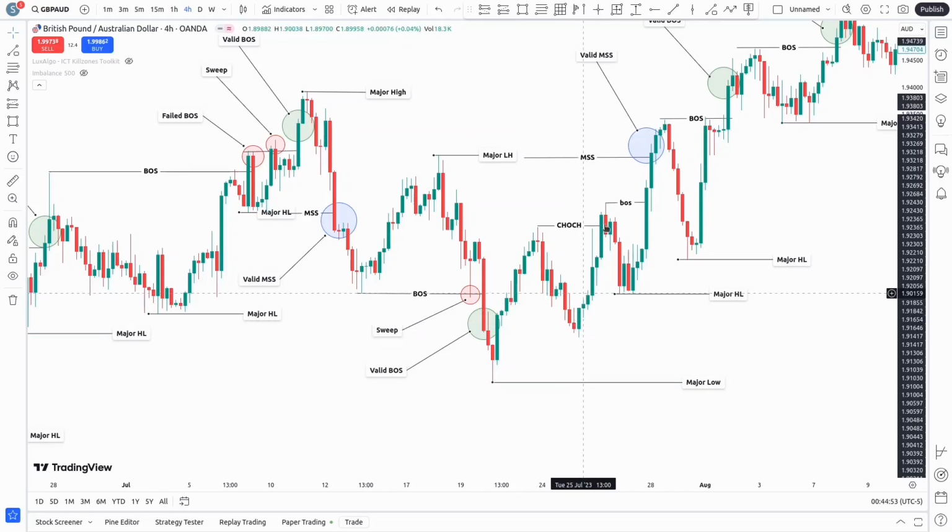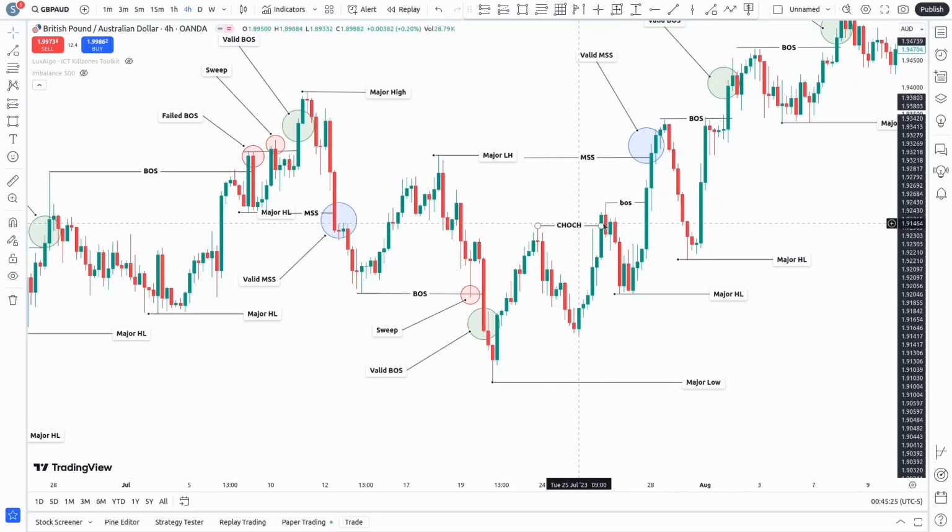Then price has to go back again, take this point. What we have here is a change of character. This signals a potential shift in market sentiment, that is, buyers are trying to take control. So we can still be looking for buy signals from this point.